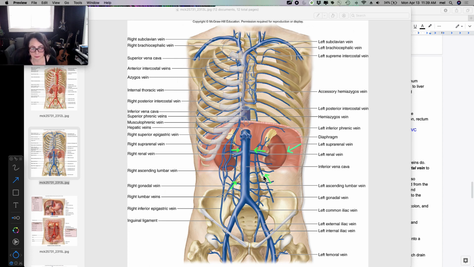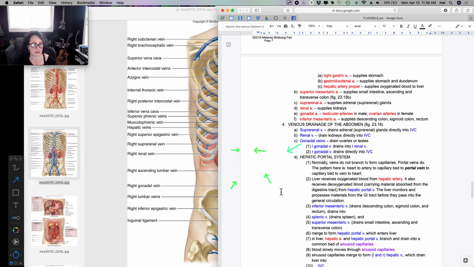And then we have the hepatic portal system. And the hepatic portal system, it's important that you understand why the hepatic portal system exists. And then I'll sort of show you the big picture of what it does. So we've got the suprarenals, the renals, and the gonadals. Oh, I forgot to show you the suprarenals. Let me show you the suprarenals too.